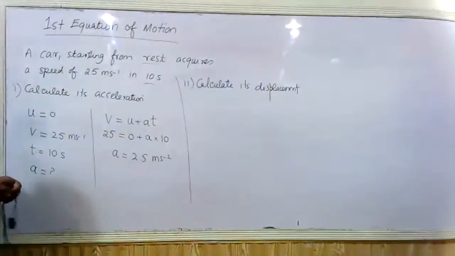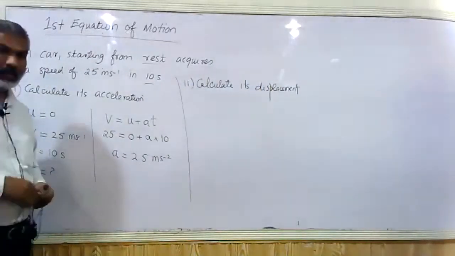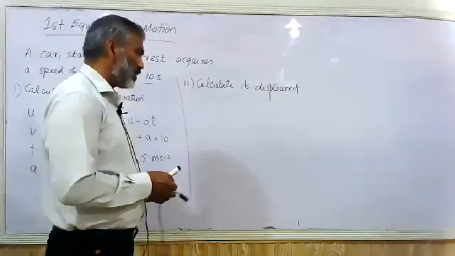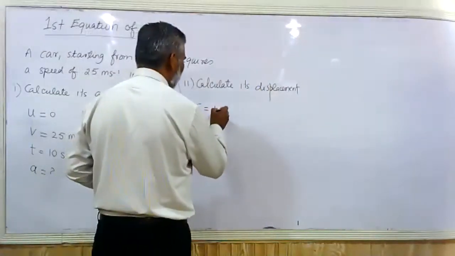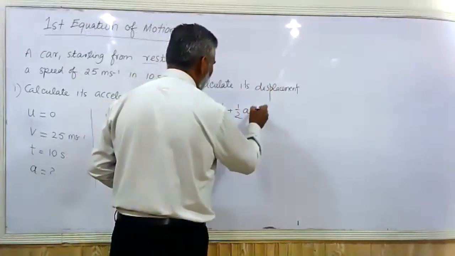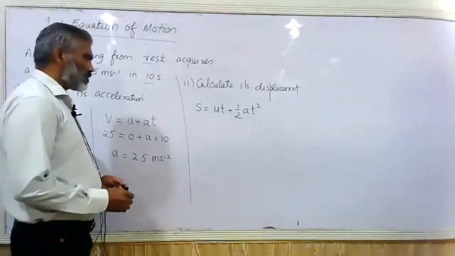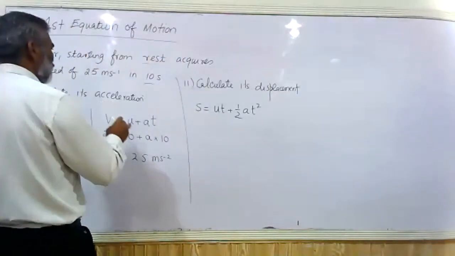Now, there are two equations other than the first equation of motion in which displacement is mentioned. In the second equation of motion, s is equal to ut plus half at squared. This could be used, and this will be easy, particularly if the initial velocity is 0.